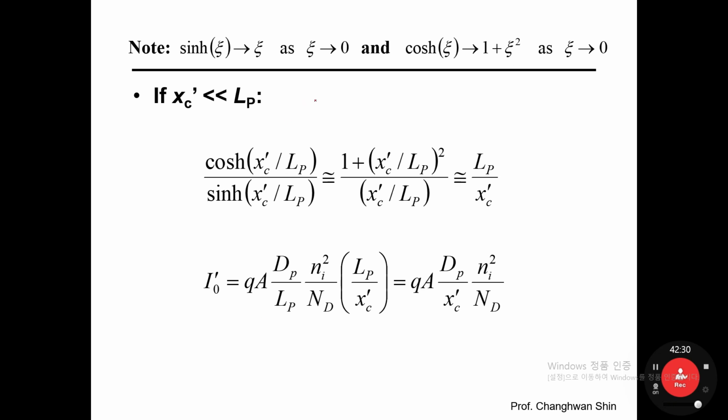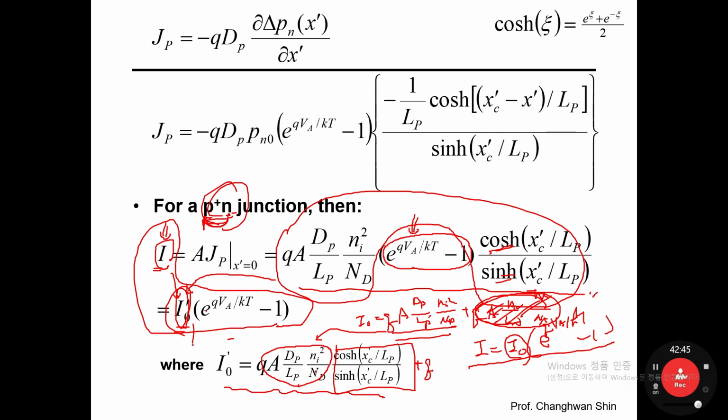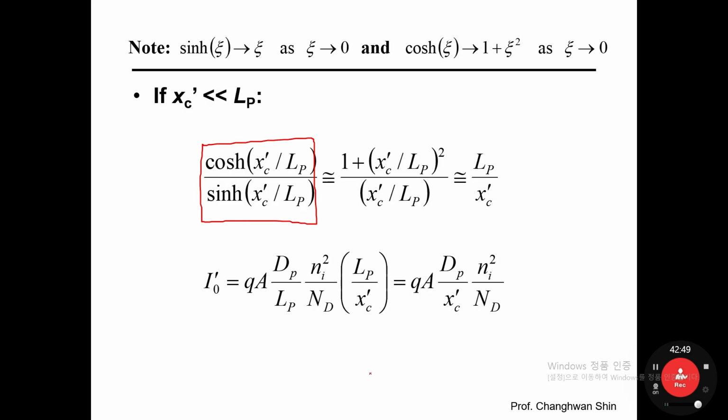And in this lecture note, a deeper understanding of I naught has been provided. So the second term, this hyperbolic cosine, hyperbolic sine, going back to the previous slide, I'm talking about this part. This part can be approximated if Xc prime is much shorter than Lp.